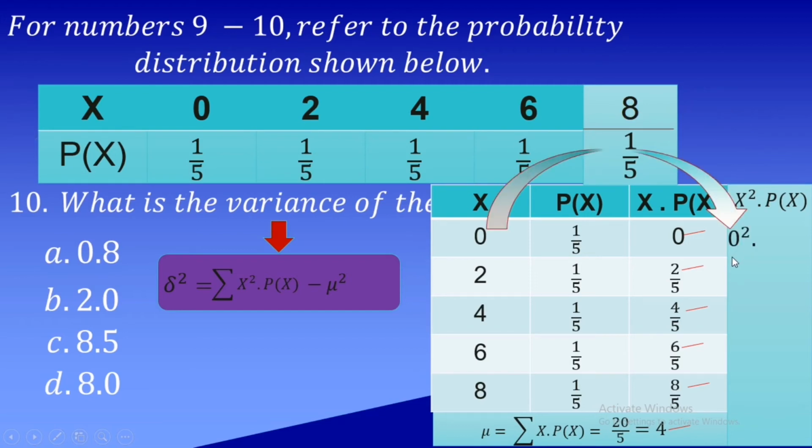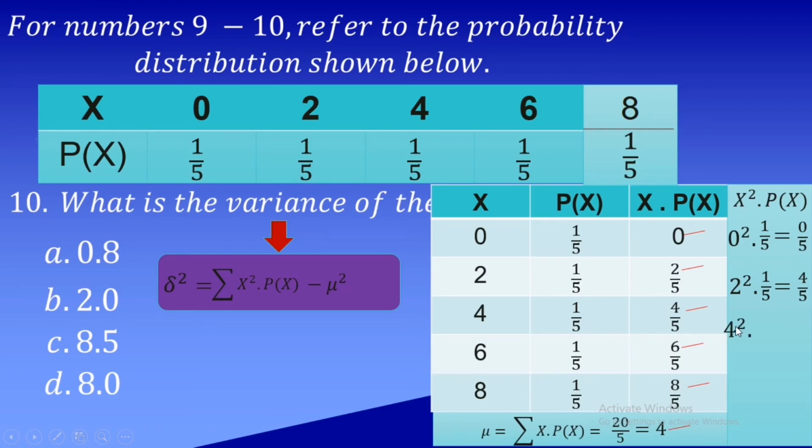So our x is 0, then squared, then our p of x is 1/5, then multiply: 0 times 0 is 0, 0 times 1 is 0 over 5. Then again our x is 2, then squared, that is 2 times 2 is 4, multiplied by 1/5 is 4 over 5.